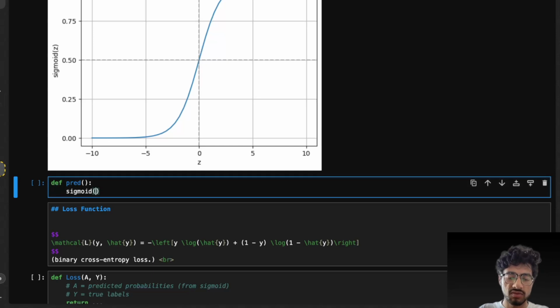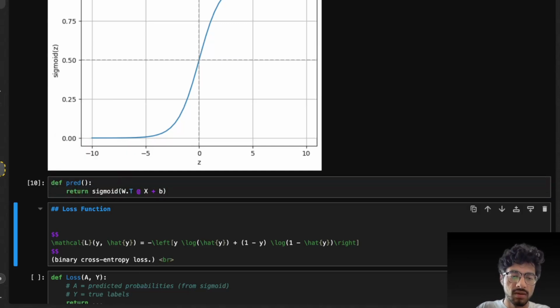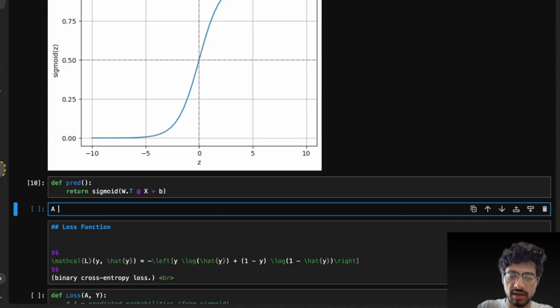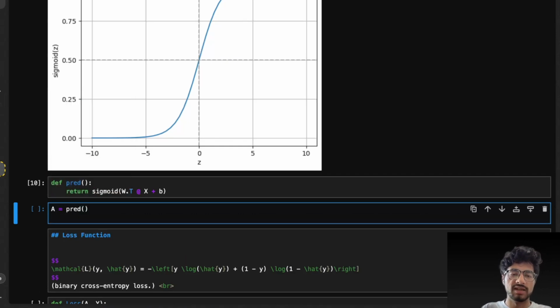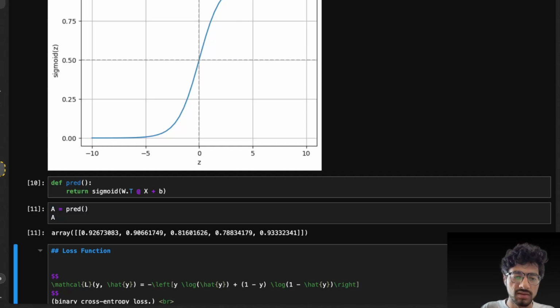So for the pred function, we can just send that through the sigmoid and then return. Now let's see what our initial predictions are. Of course, this is not best practice because I'm not even sending any parameters inside the pred function, but this is just for informative purposes.